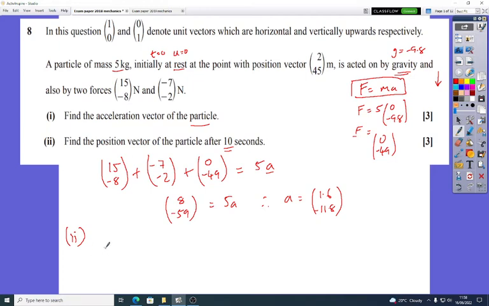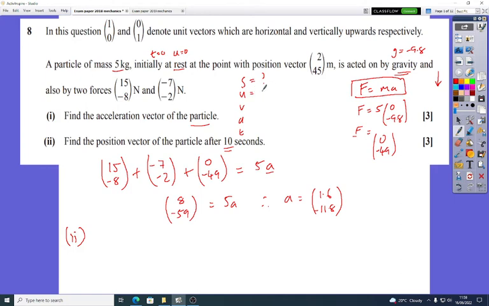Now these forces aren't going to change, so we'll just write it there as U, V, A, T. We need to find the position vector after that. So we find the displacement.